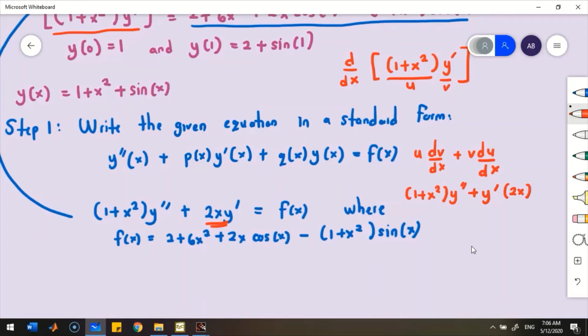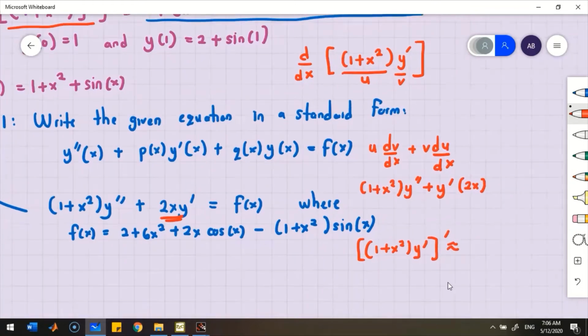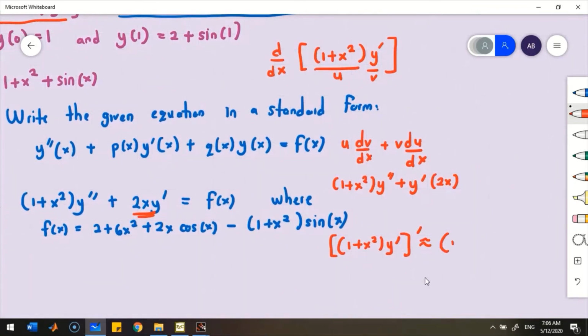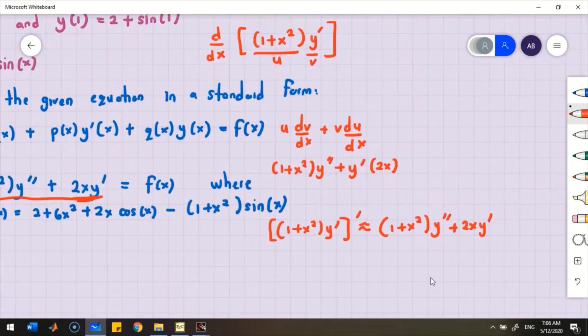So what I can say here is that d over dx of (1 plus x squared) y prime can also be written as (1 plus x squared) y double prime plus 2x y prime. Okay, that's exactly how I got this term here. So it's not that complicated, right? But I hope you understand the concept.